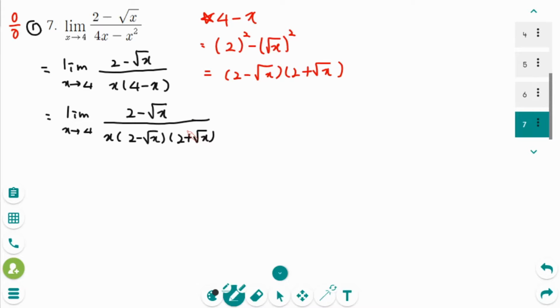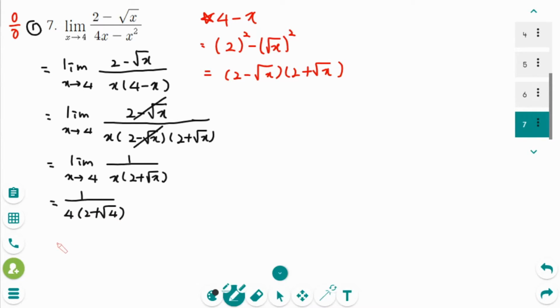And then cancel the common factor, 2 minus the square root of x, 1 over x times 2 plus the square root of x. Then put 4 into x, so 1 over 4 times 2 plus the square root of 4, so 1 over 4 times 2 plus 2, which is 4, so the answer is 1 over 16.